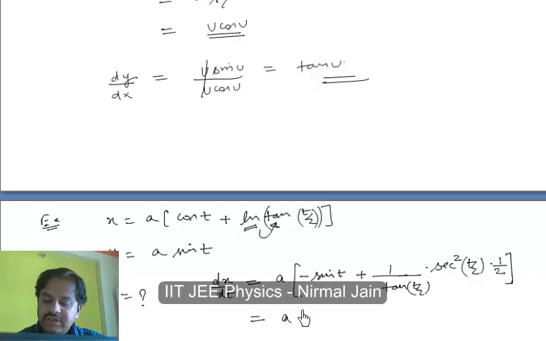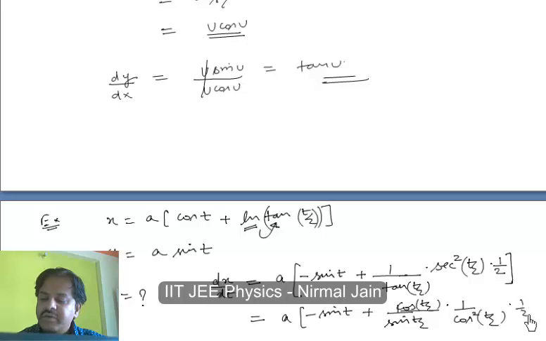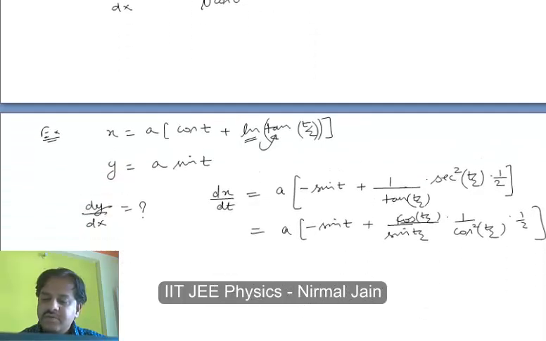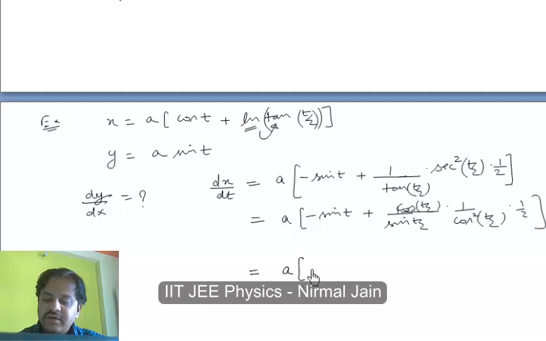So I can write it as 1 by (sin(t/2) cos(t/2)), since sec square is written as 1 over cos square(t/2), times 1/2. So this is minus sin t plus this: cos(t/2) cancels with the square of that, and 2 sin(t/2) cos(t/2) becomes sin t, so this is 1/sin t.